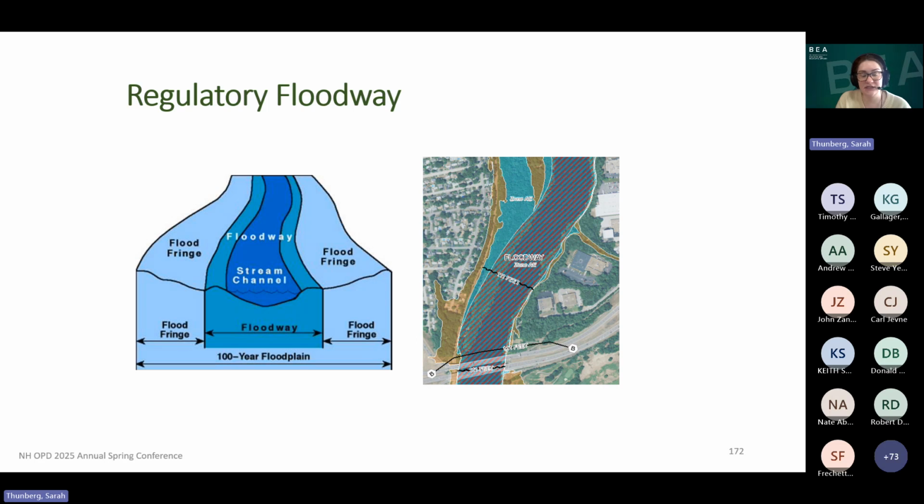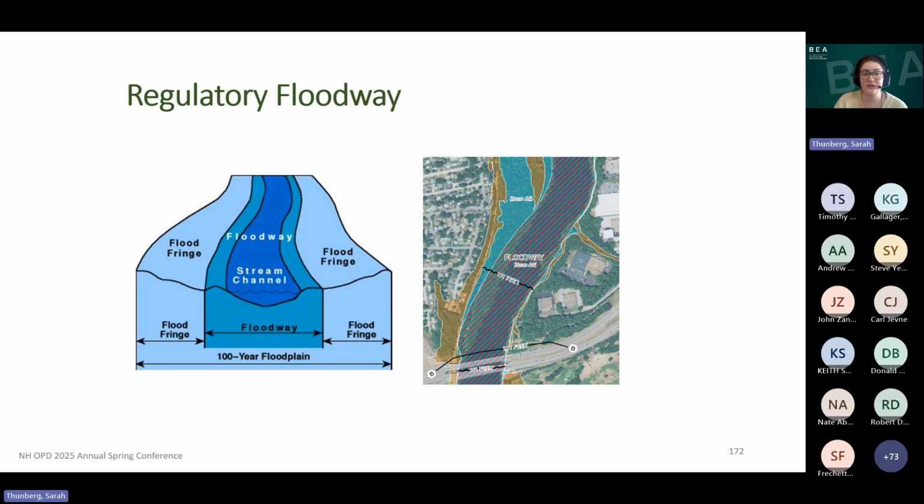This dash or striped area in red and blue is the main channel of the river, which is the area that is reserved in order to discharge the base flood without increasing the surface water elevation. So that is where you're going to be finding the fastest moving water during the 1% annual chance flood.